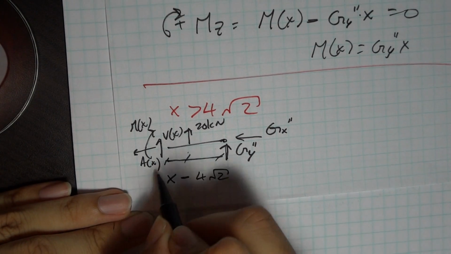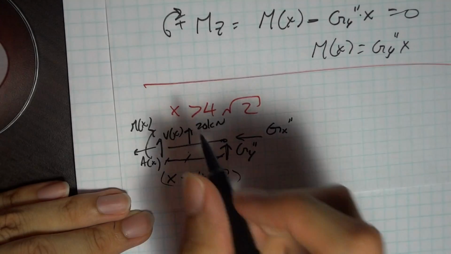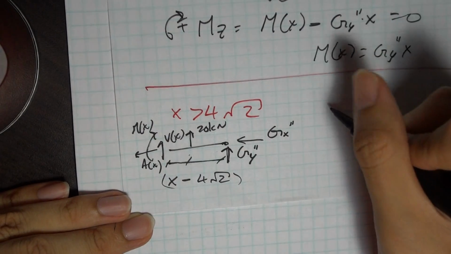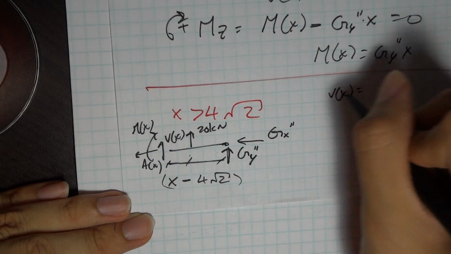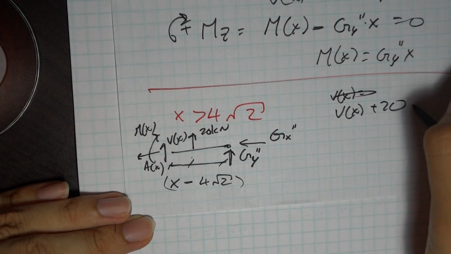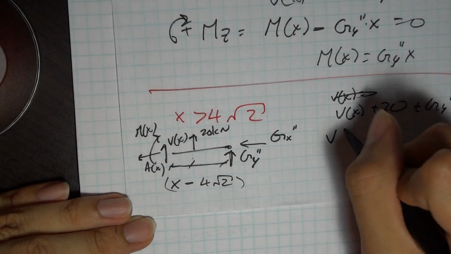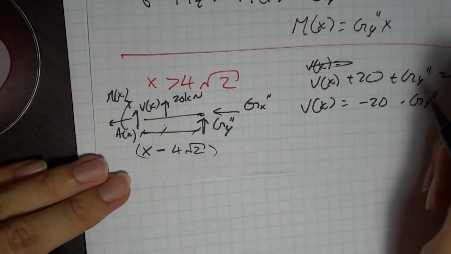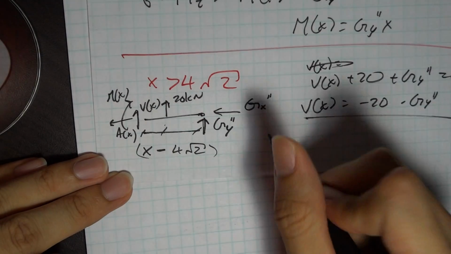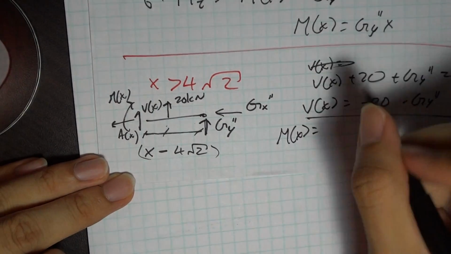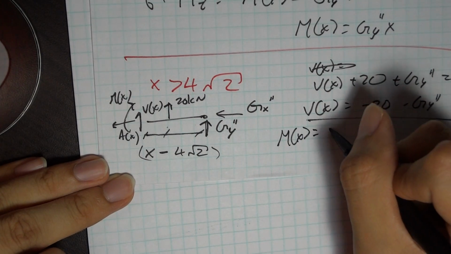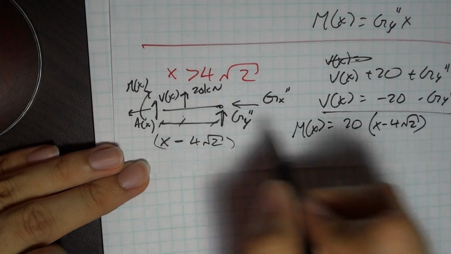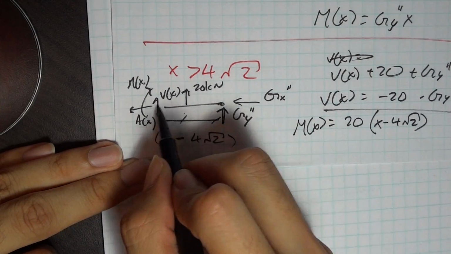And I hope this is clear for everyone. When I look at the shear here, V of x plus 20 plus Gy double prime equals 0. V of x equals negative 20 minus Gy double prime. This is constant. My M of x is going to be equal to 20, which is the force, times x minus 4√2, which is the distance between this point and this load.